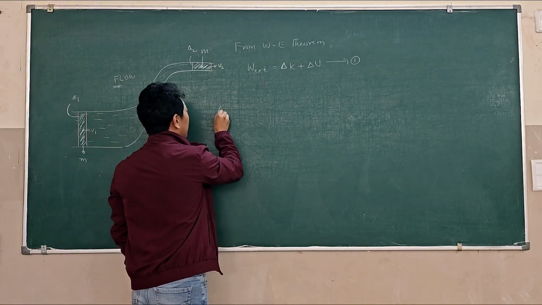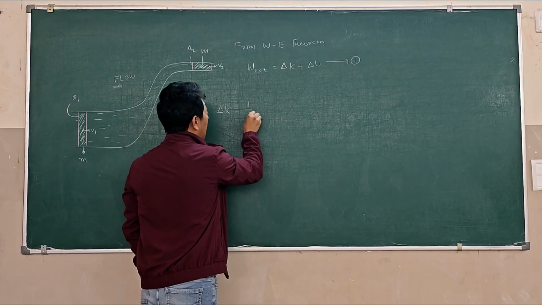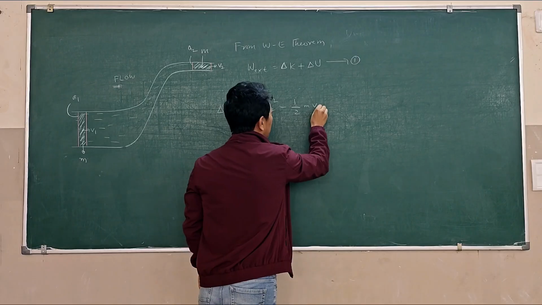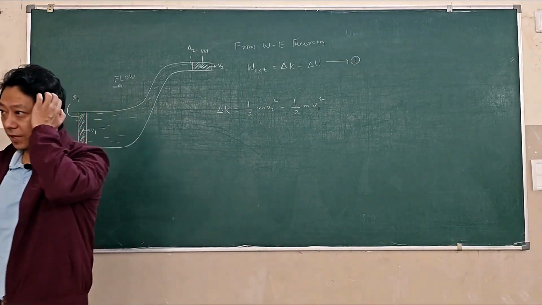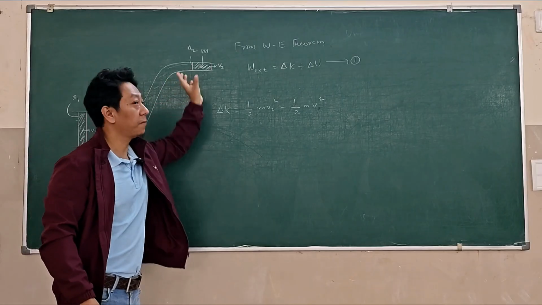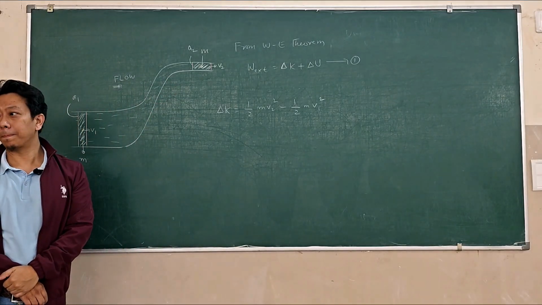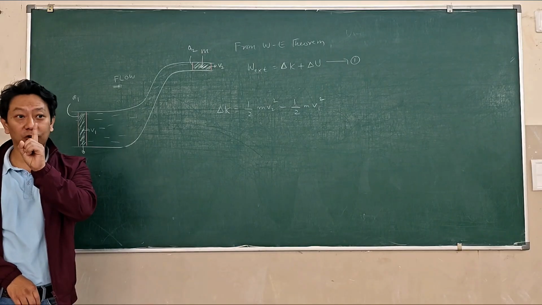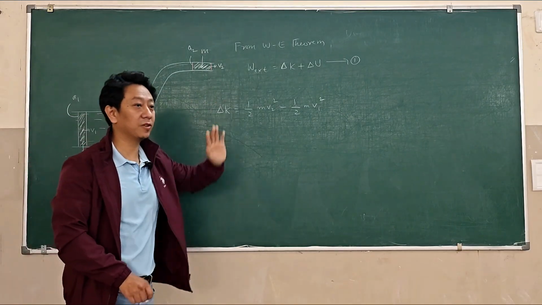So what will be delta K? Half m V2 square minus half m V1 square. Change in kinetic energy of this element when it went from here to here. Everybody clear? Mass will remain same, I told. Whatever mass comes in, same mass goes out.